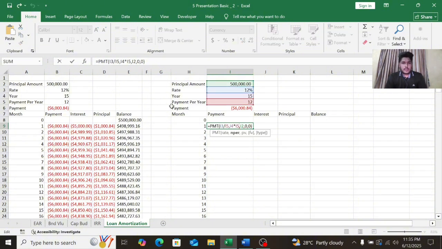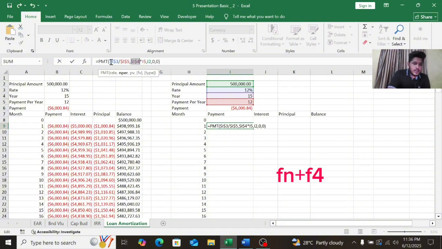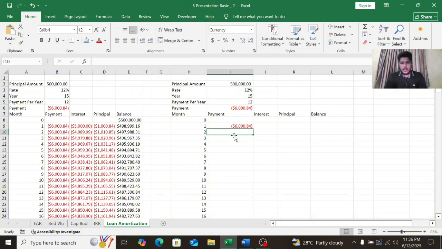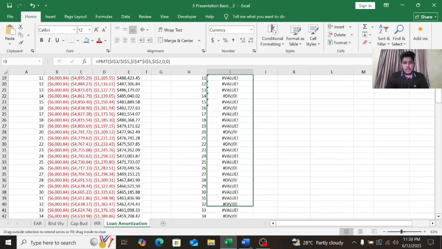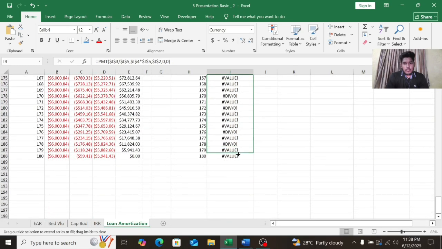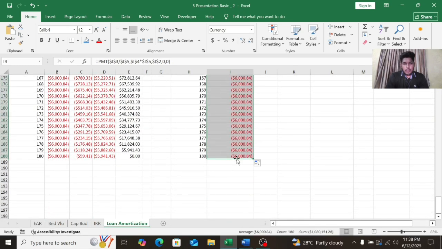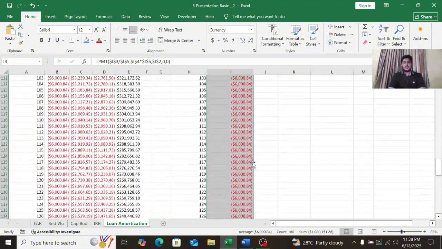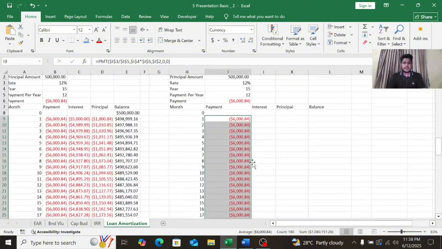As we have to drag it down, we have to make all of these elements constant, so fixed. For this we are going to use F4 on this one, then this one, then this one. Now enter. Now if we drag this along the side, we get the results.